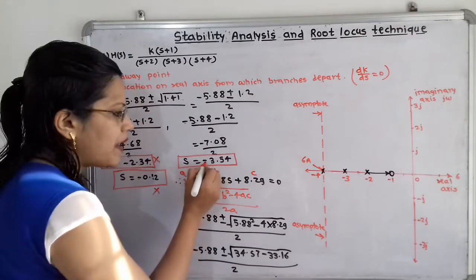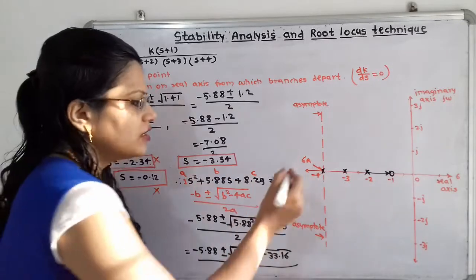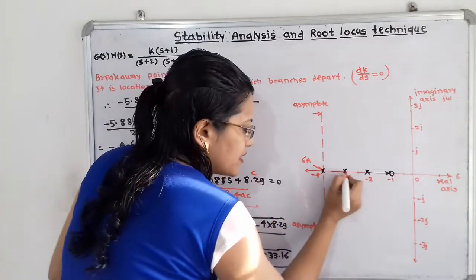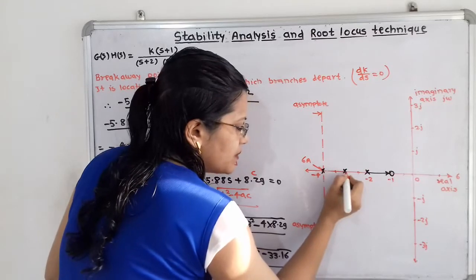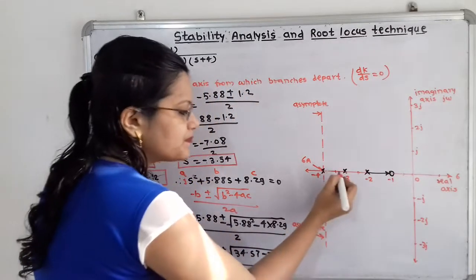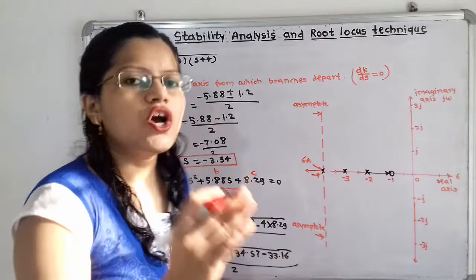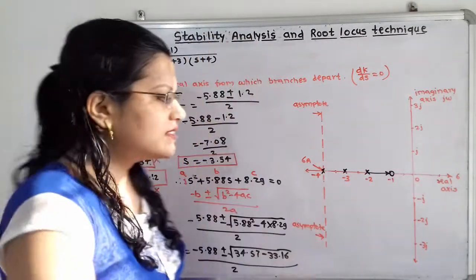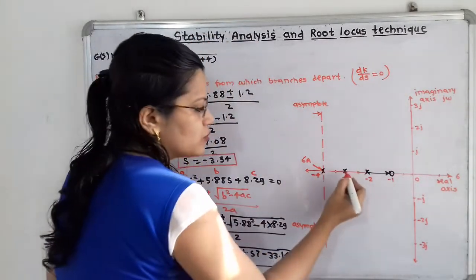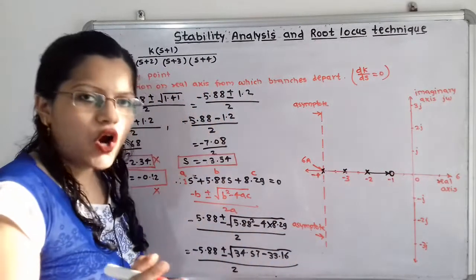Now the next point is minus 3.54. If we observe here, 3.54 is in between minus 3 and minus 4. If I check this, on the right hand side the sum of poles and zeros is 1, 2, 3, that is an odd number.